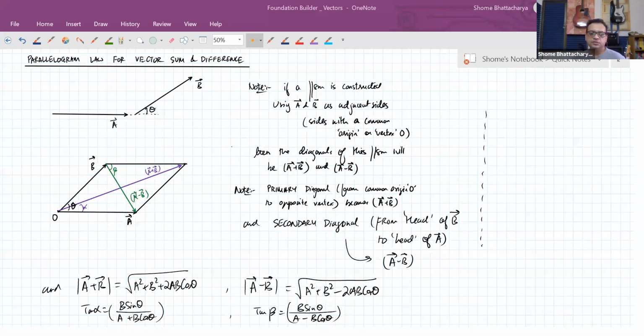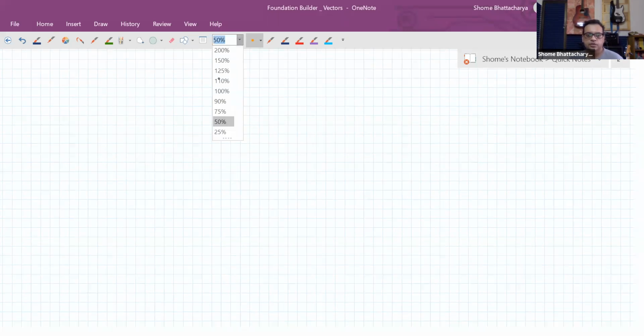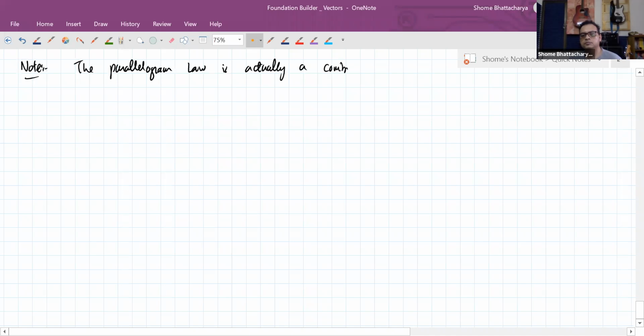So one important thing that we learn from this is that this parallelogram is actually a combined form of the triangle laws for sum and difference.